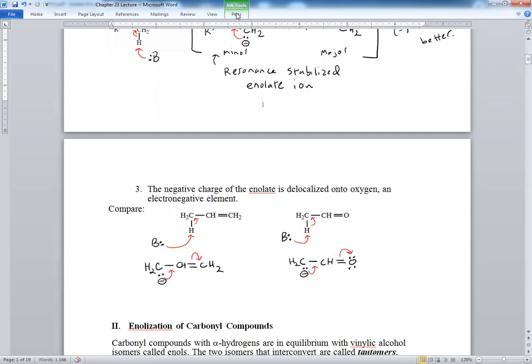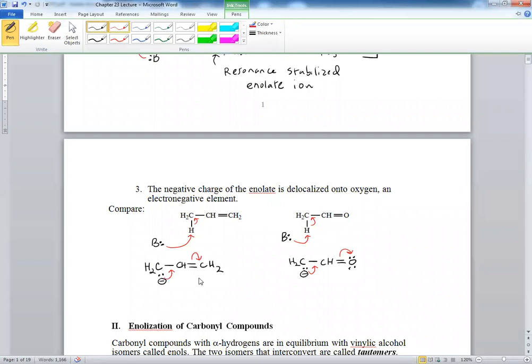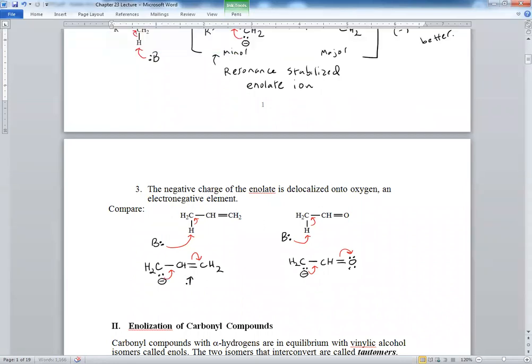So the question is, which one is better resonance stabilized?